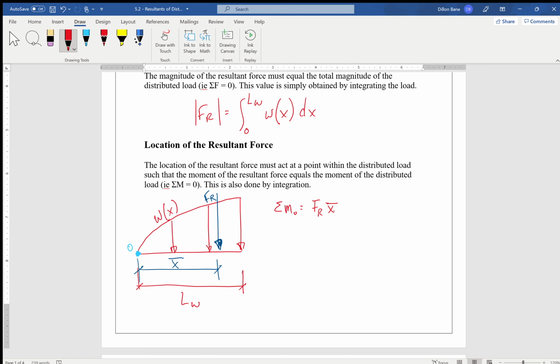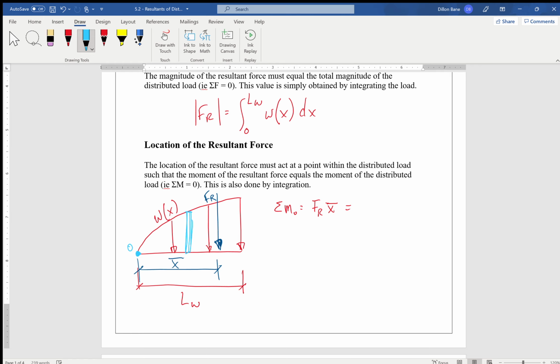So that's the moment from the concentrated load, but what is the moment of the distributed load? Don't quite know that. So basically what we need to do then is integrate this curve. And we're going to look at this as if we have a strip here.